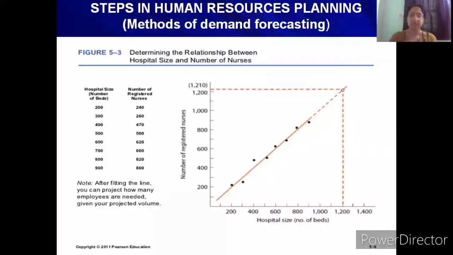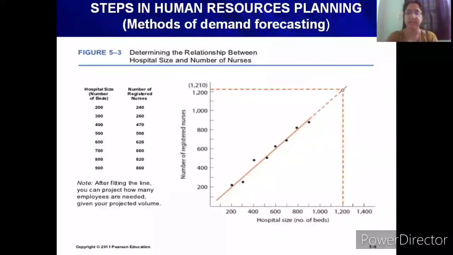So once these dots are made, a line is made which is minimizing the distance between the dots, if you notice. Once this line is made, it will give you a rough estimate on how many nurses may be required for a 200-bed hospital. The direction in which this line is going will give you a rough estimate on how many nurses will be required for a 1,200-capacity hospital.